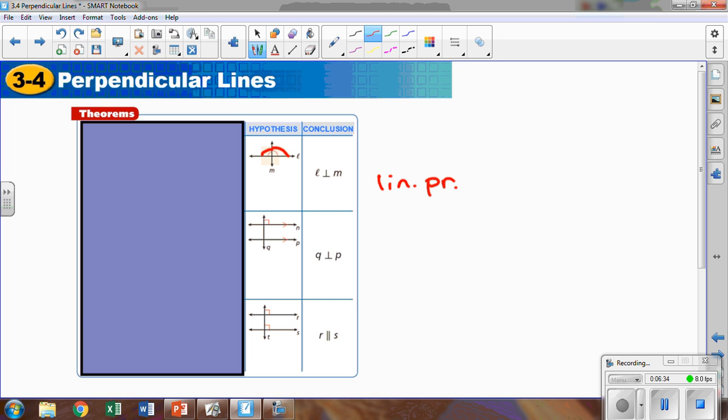So we know that those two angles are also congruent. If we have a linear pair, and I'll remind you that this upward pointing arrow is the symbol we use in logic for the word and, a linear pair and they are congruent, then you will get the fact that they are perpendicular.